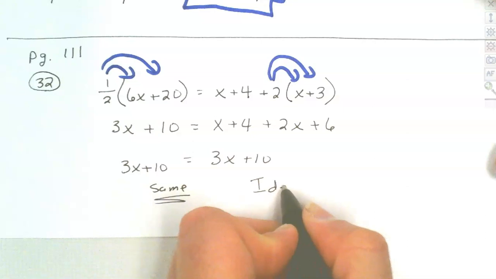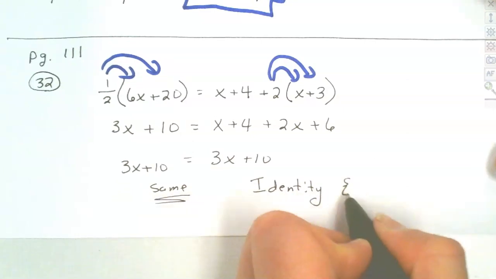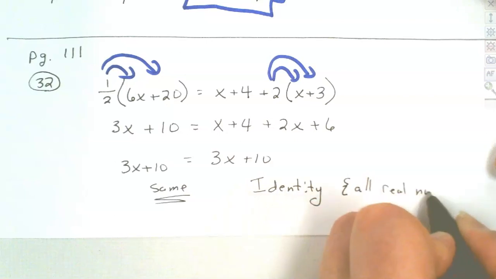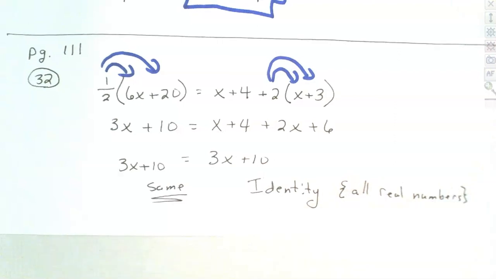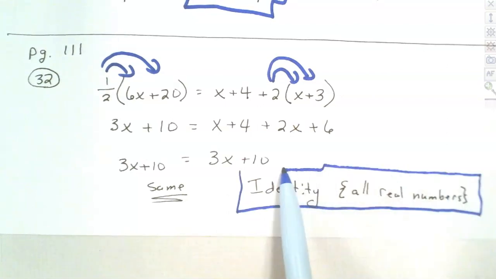This is an identity. And what's your solution going to be? All real numbers. So this one would be an identity. And again, your solution set is all real numbers.